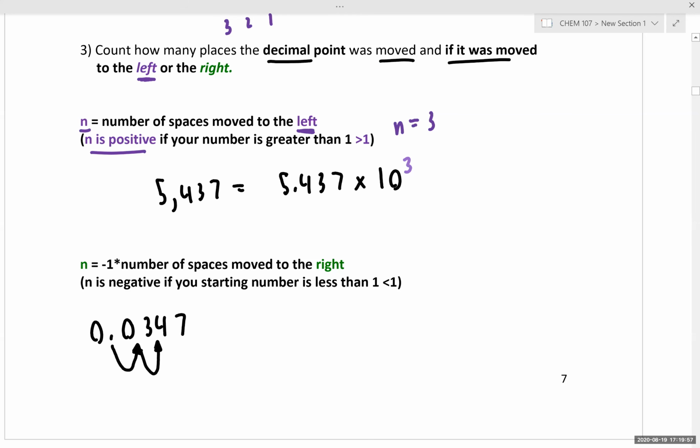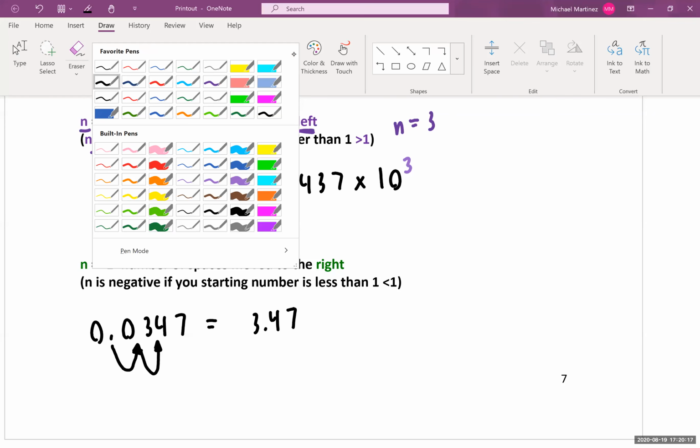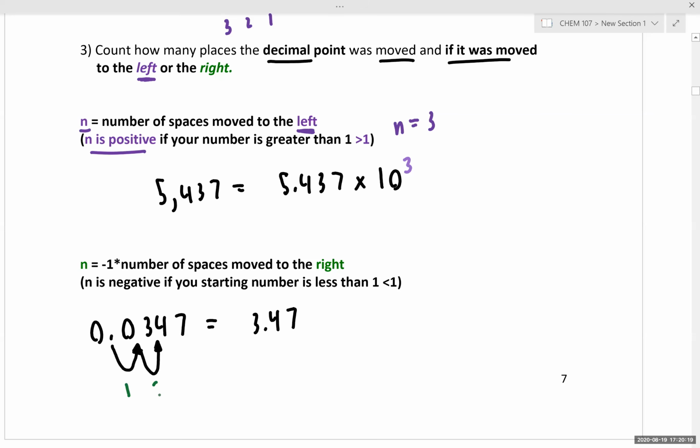I move it a second space to the right. Okay. Now, looking at 3.47, do I have a number between 1 and 10? Yes, most definitely. Okay. Now I count the number of spaces I moved my decimal point to the right. 1, 2. So this would be our value of n.